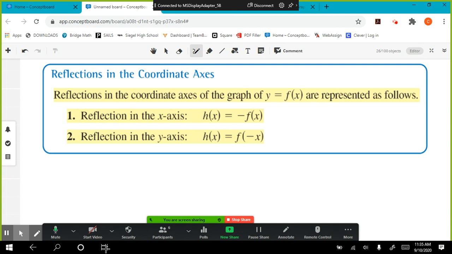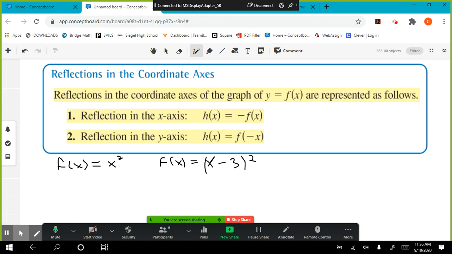But let's say, and let me make sure I get this right. If I have my parent function f of x equals x squared, and then I have f of x equals x minus 3 squared, okay, we know that is going to shift that parabola to the right 3 units, correct?